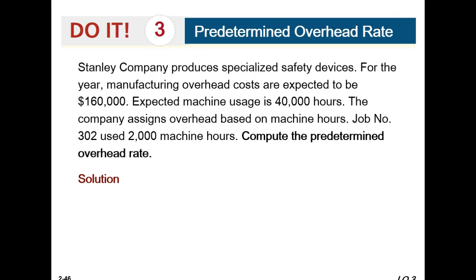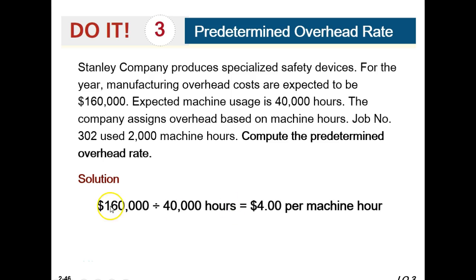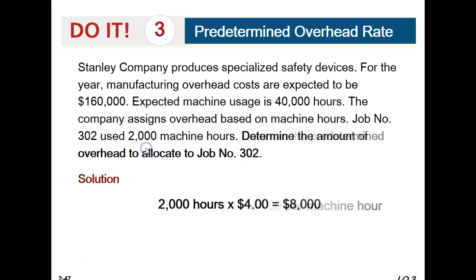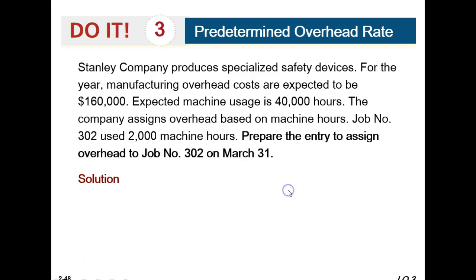So if the machine usage is estimated to be 40,000 hours, and our manufacturing overhead is expected to be 160,000, we take 160,000 divided by 40,000 hours, which means we calculate $4 of manufacturing overhead per machine hour. If our machine hours are 2,000 hours times $4, then we're going to apply estimated or predetermined manufacturing overhead of 8,000 to that job, aren't we?